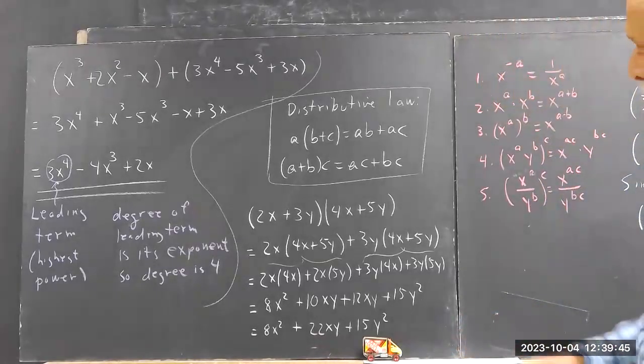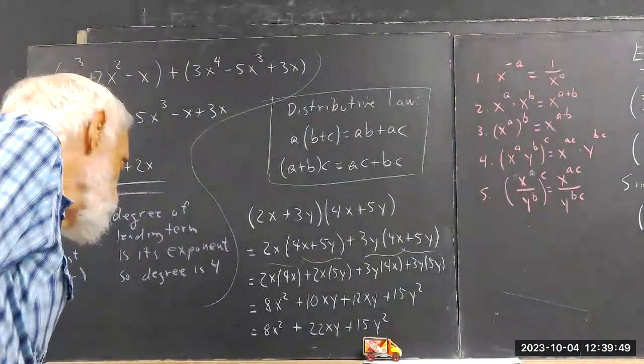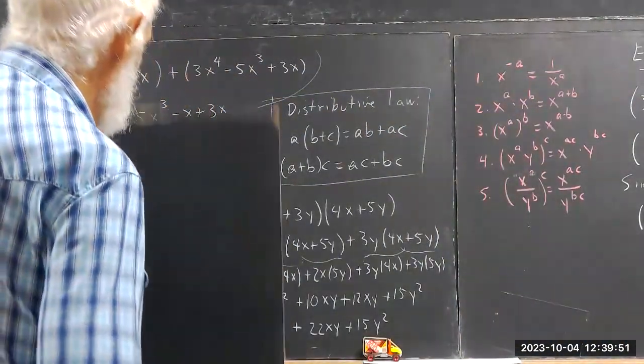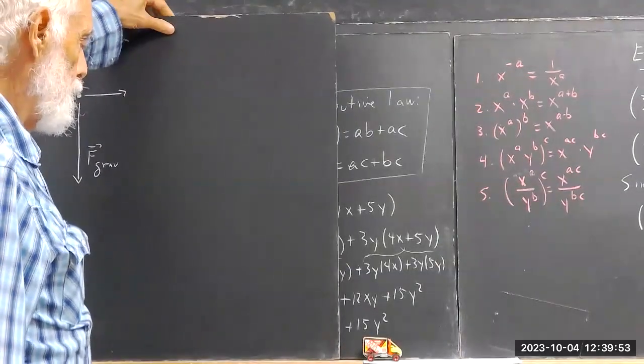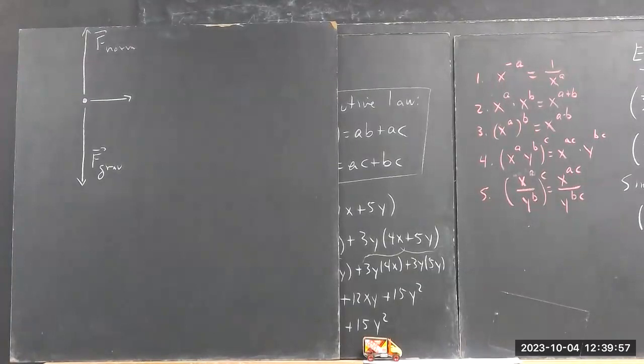Okay, so I asked everybody then to sketch a free-body diagram. And most of the diagrams I saw look something like this. Now the question is, is that an equilibrium situation?